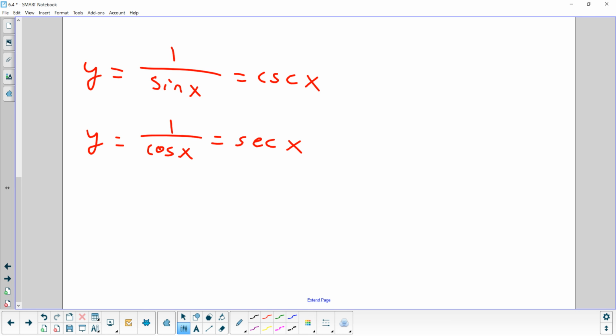You can't have a value of 0 in these fractions, because if you did, it would be undefined. So when we graph secant and cosecant, we're going to have asymptotes. At sine, remember the roots are 0, pi, 2 pi, 3 pi, 4 pi, every multiple of pi. So let's look at cosecant, and you're going to see an asymptote at every multiple of pi.